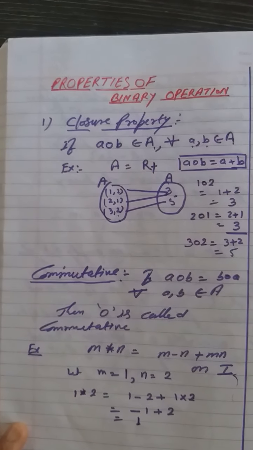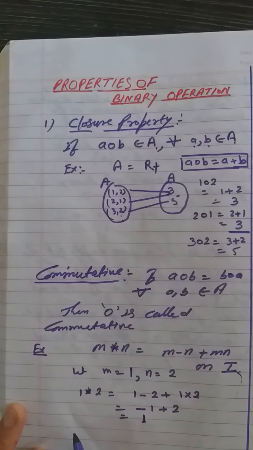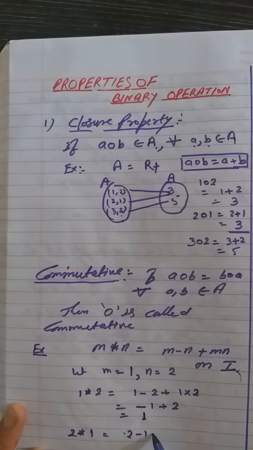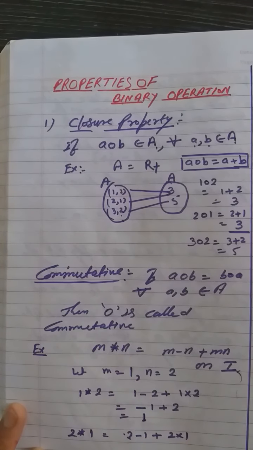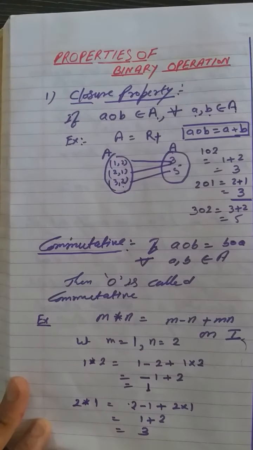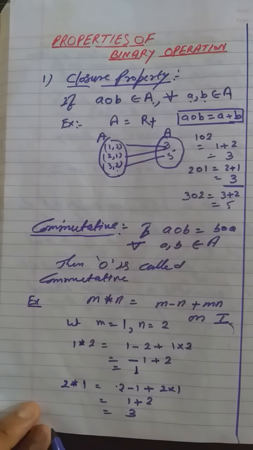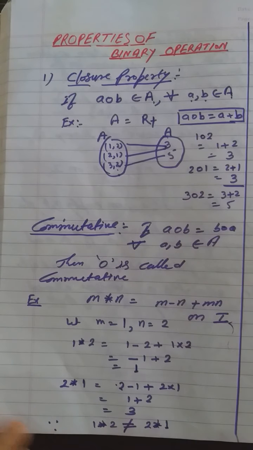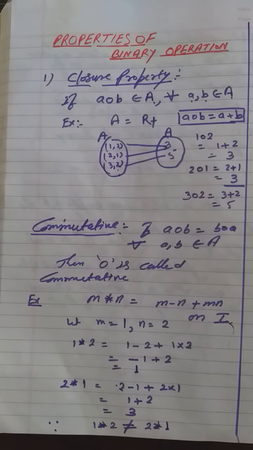And 2 star 1 equals 2 minus 1 plus 2 into 1, which is 2 minus 1 plus 2, and you get 3. Since 1 star 2 is not equal to 2 star 1, therefore it is not commutative.